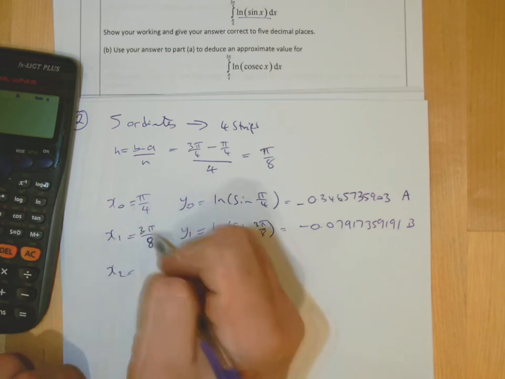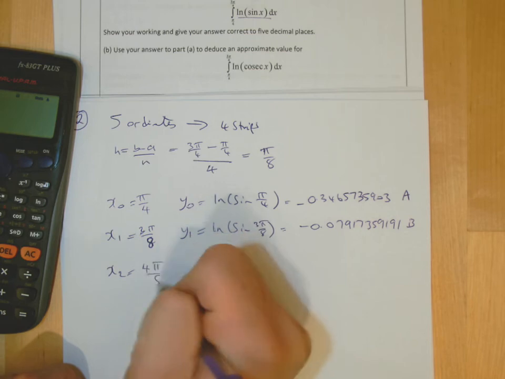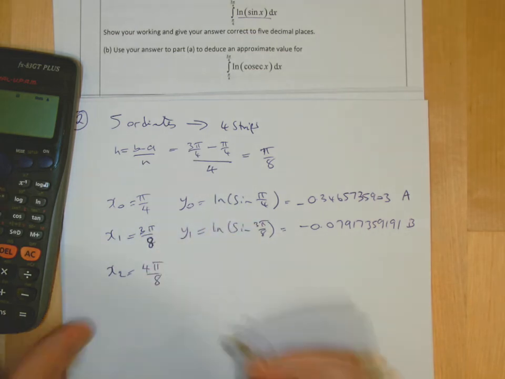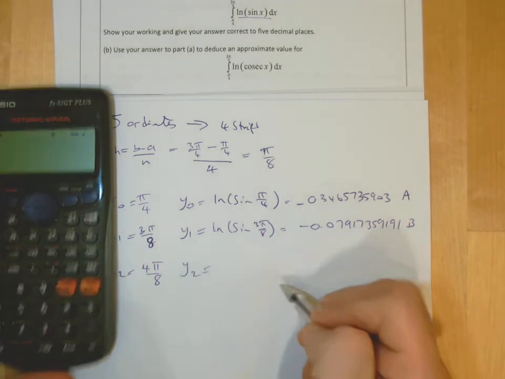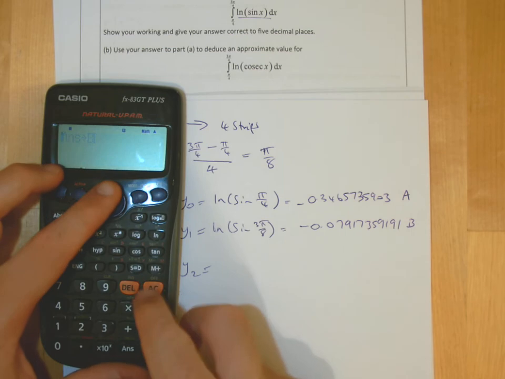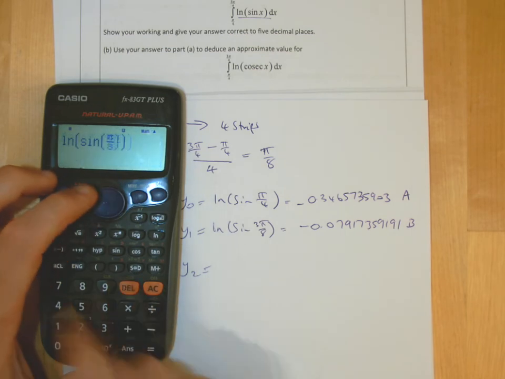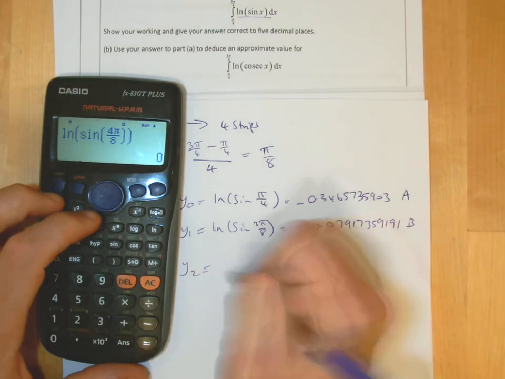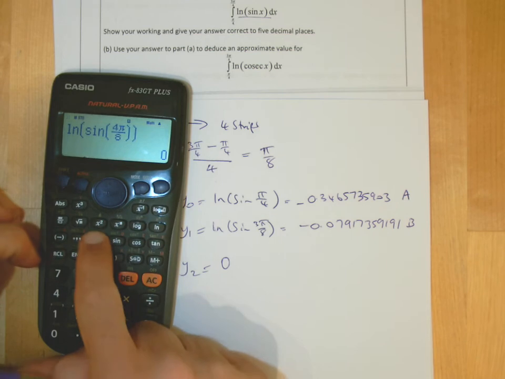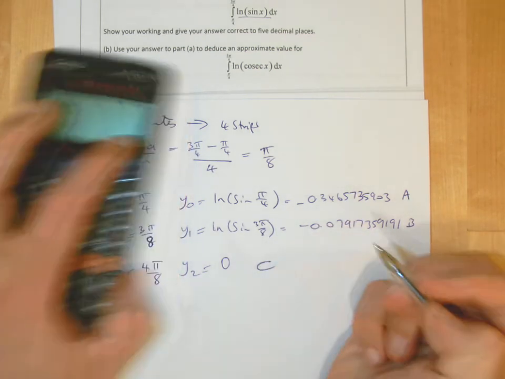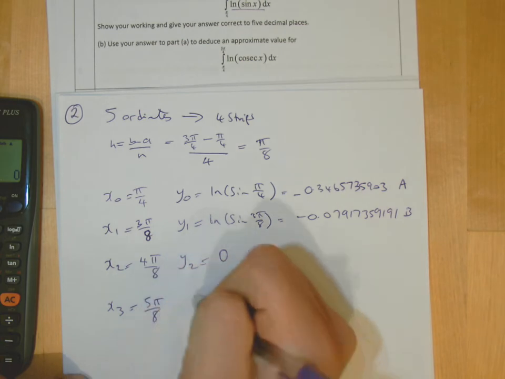X2 then, we add another pi by 8 onto that, so that will give me 4 pi by 8. That's easy to do, isn't it? Because 3 pi over 8 plus pi over 8 is 4 pi over 8. So y2 then, I don't need to write that out. We'll go back up here and change this one to 4 pi over 8. And it comes out as 0, so that's nice. We'll do shift store C. X3 then, another pi by 8 would be 5 pi by 8.